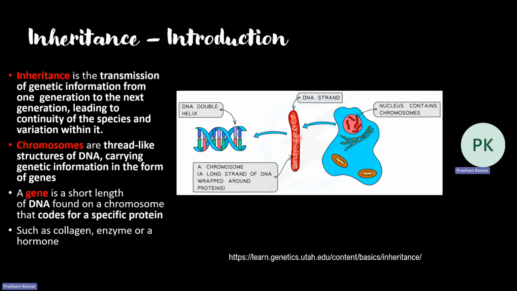Gene controls everything. So gene is the short length of the DNA, which is found on a chromosome that codes for a specific protein in the cell, such as collagen, enzymes, hormones, antibodies.